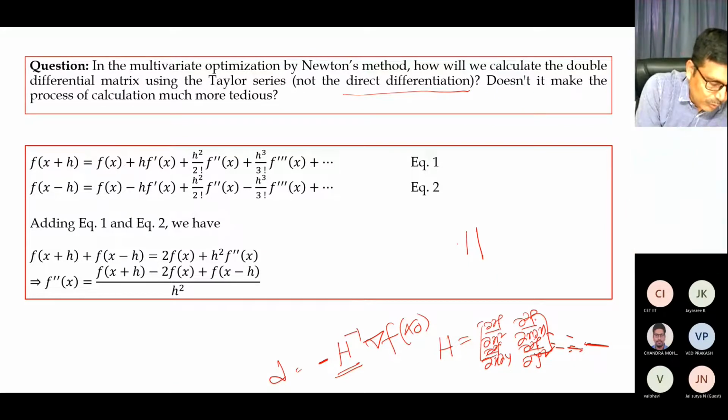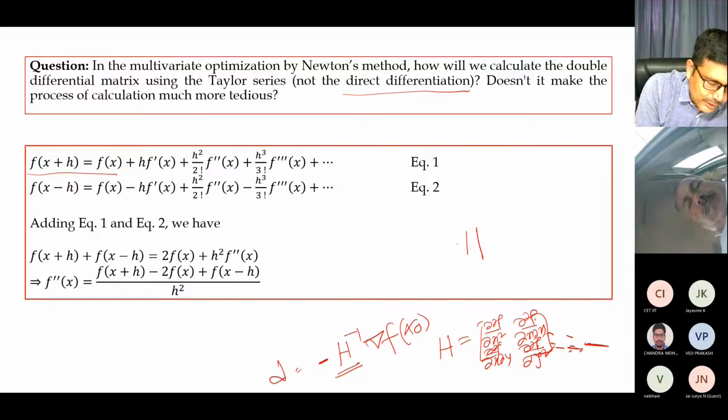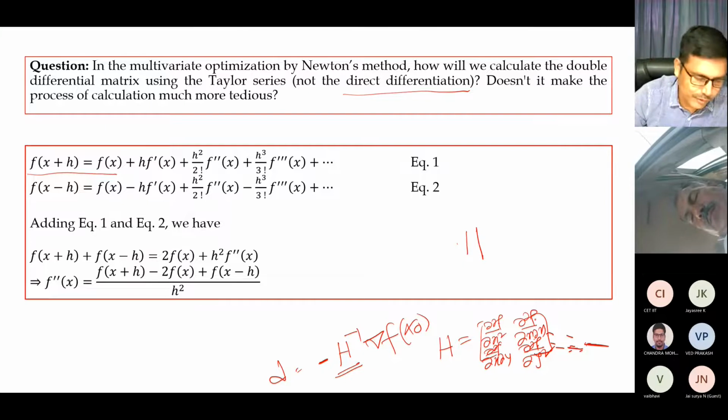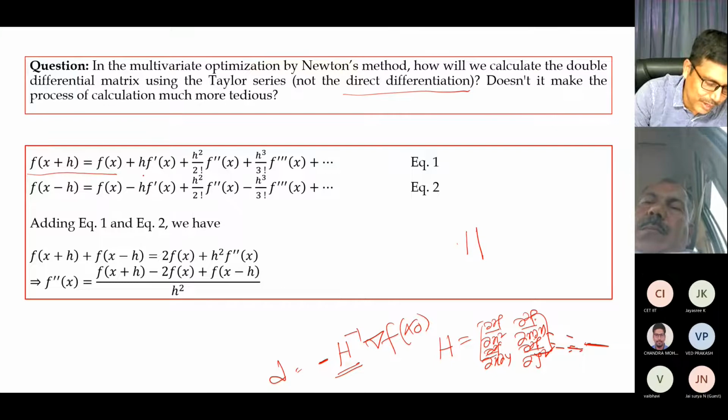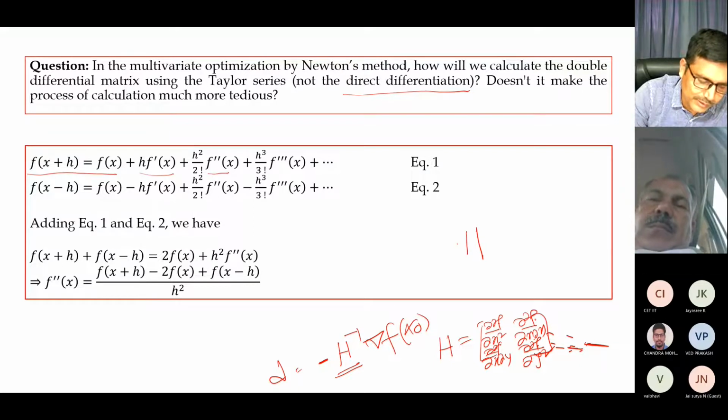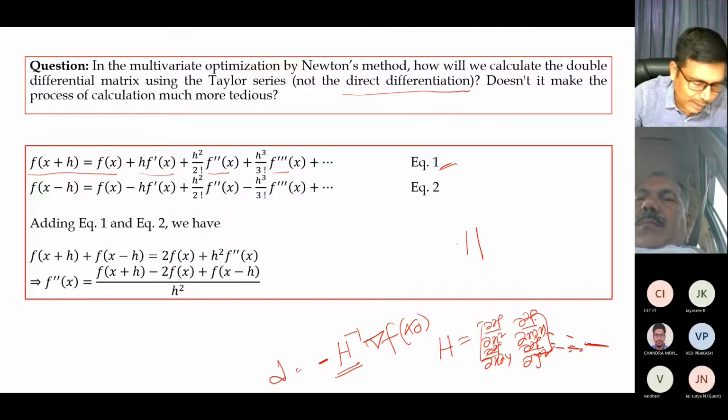I think you know this is the Taylor series for a single variable, that is f of x plus h equals f of x plus h f dash x, then h squared by factorial 2 times the second derivative, and h cubed by factorial 3 times the third derivative. So this is f of x plus h.